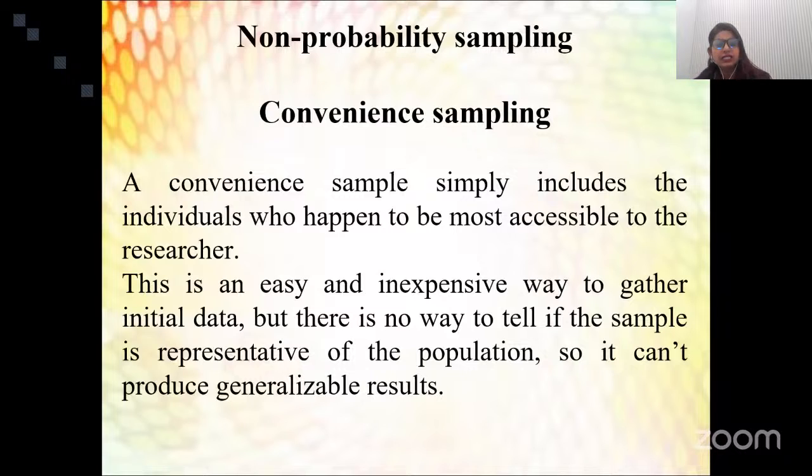So this is the easy or inexpensive way to gather the data, but there is no way to tell whether your sample is representing your entire population or not, right?